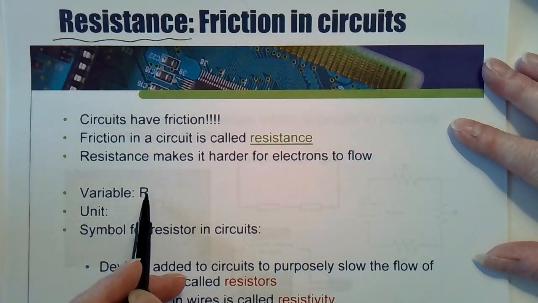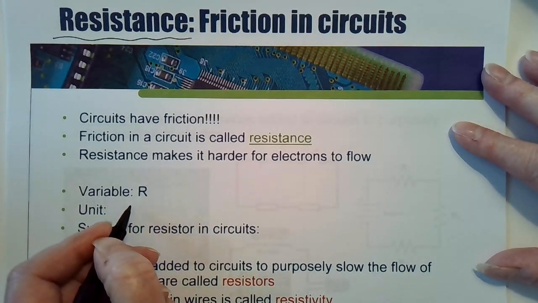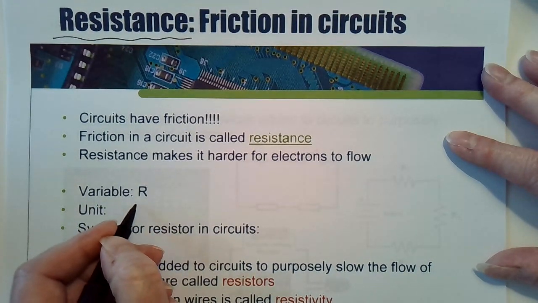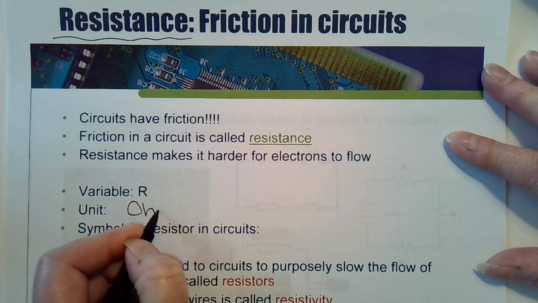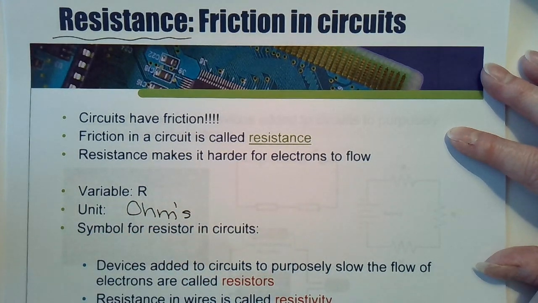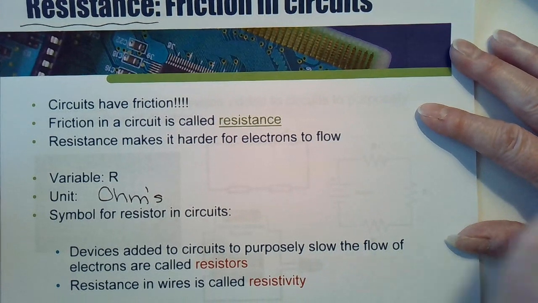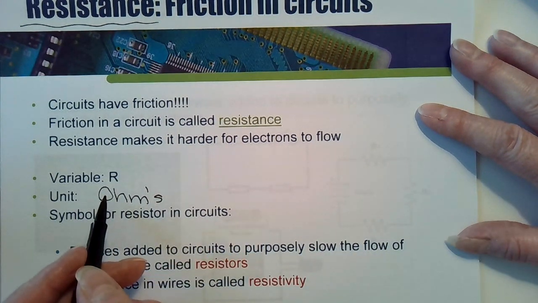So the variable is R, standing for resistance. The unit is named after Mr. Ohm. So we measure resistance in ohms. And we would like to have a variable for ohm. And so you might think O, but they didn't use O because O's can look like zeros.